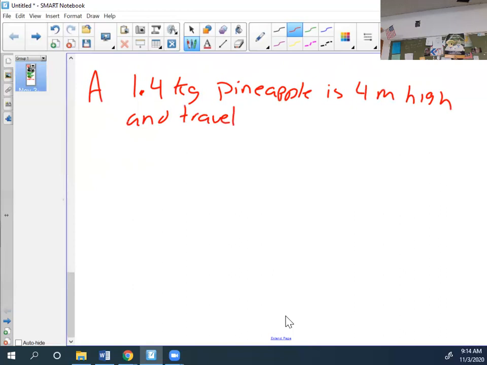We're all working these out. It says a 1.4 kilogram pineapple is 4 meters high and traveling 5 meters per second.